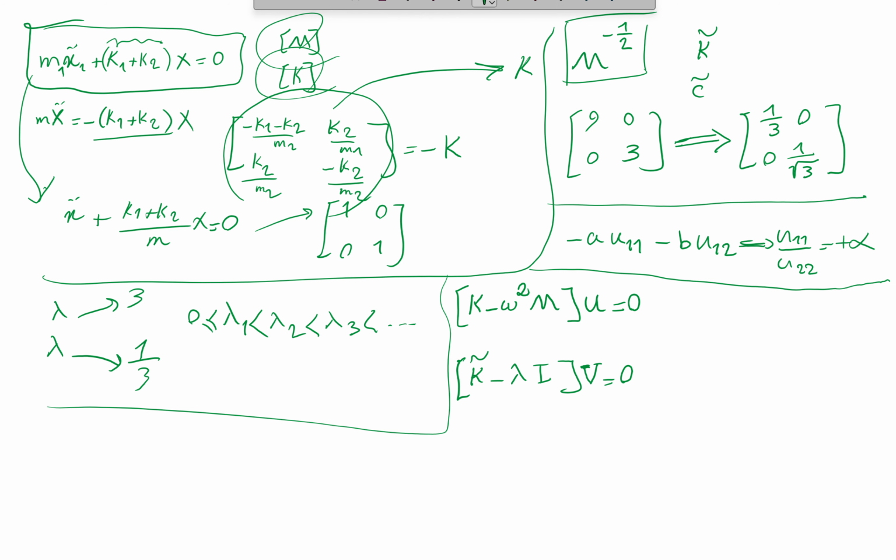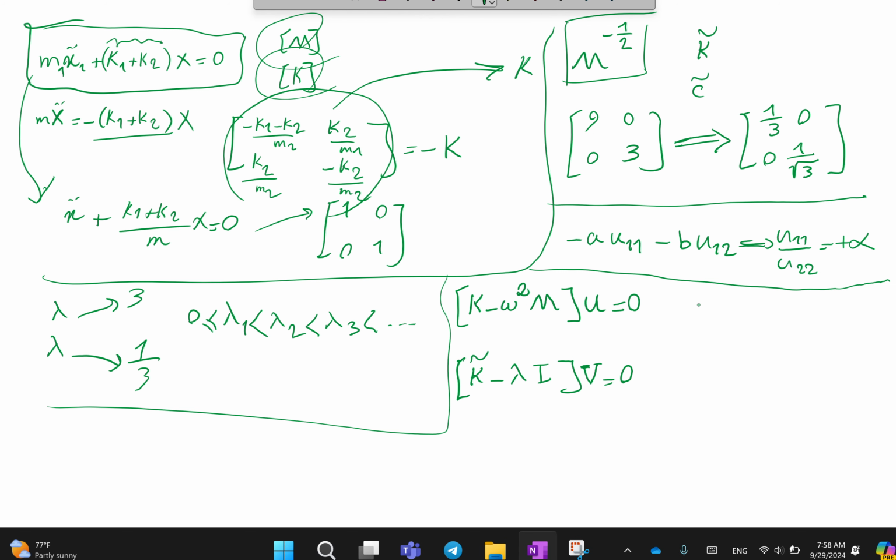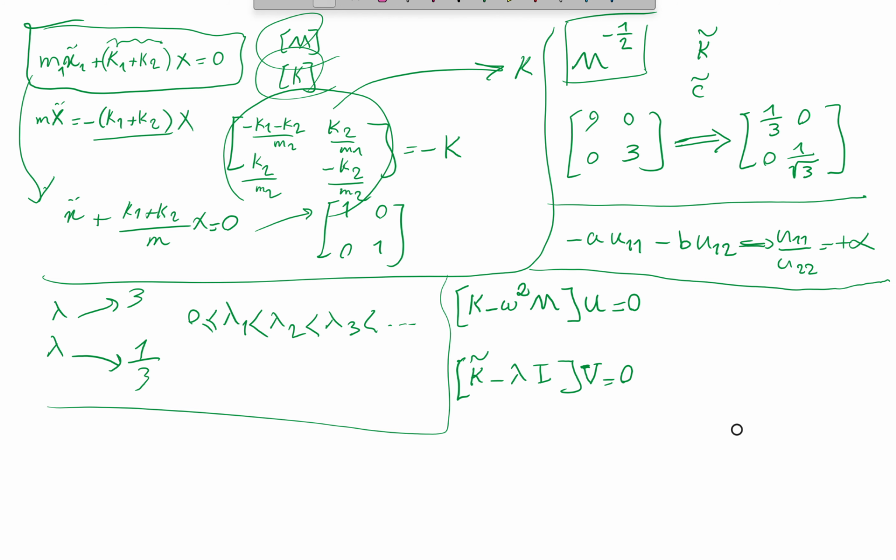Both of these forms give you the same eigenvalues. So if you try to calculate the eigenvalues, you can go for both of them, same lambda and same omega n.